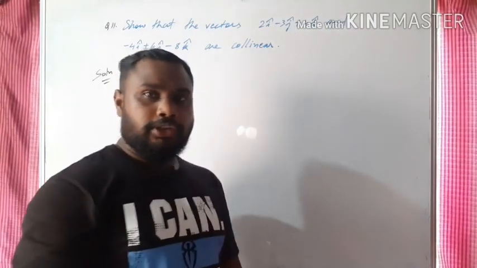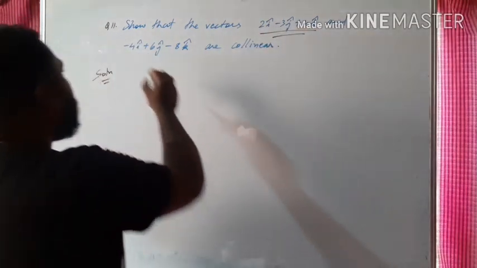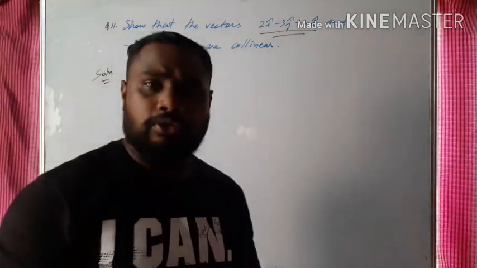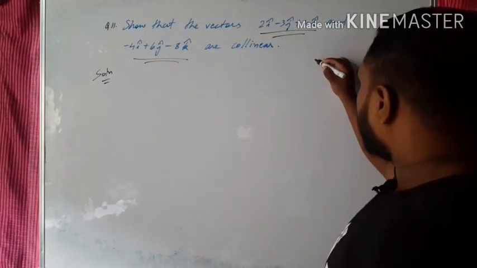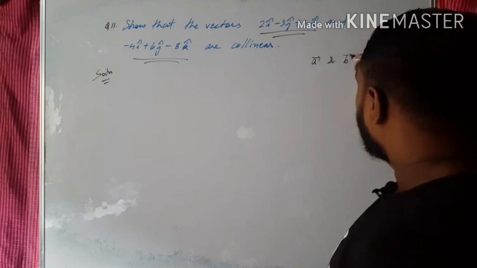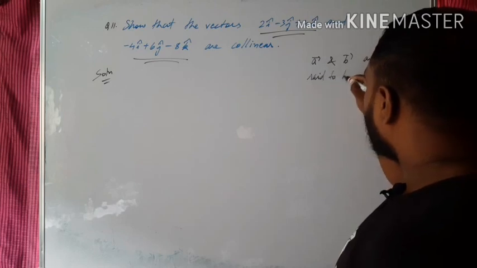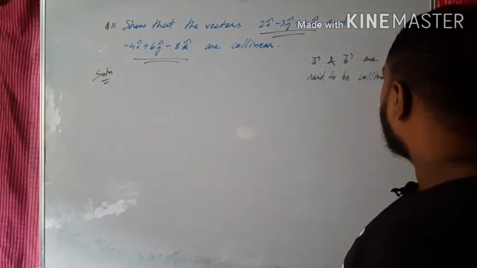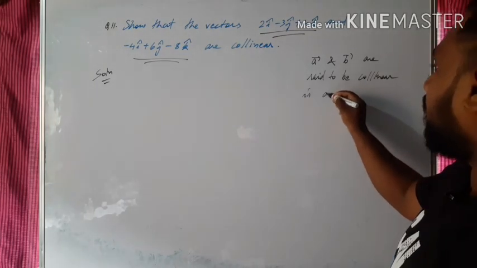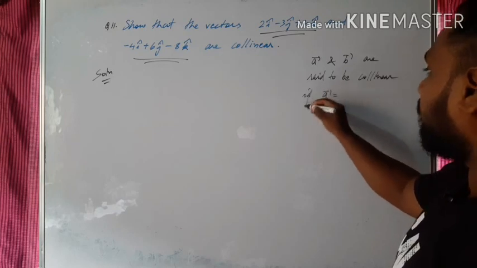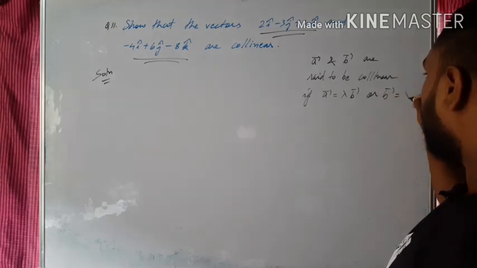Now let's see this question. Show that the vectors this and this are collinear. We have to show they are collinear. So we know that two vectors a and b are said to be collinear if we can write a is equal to lambda b or b is equal to lambda a.